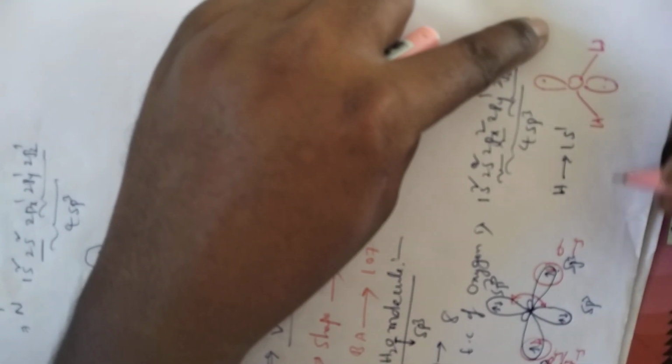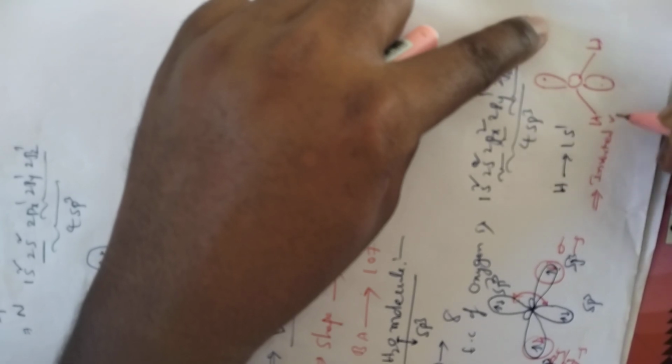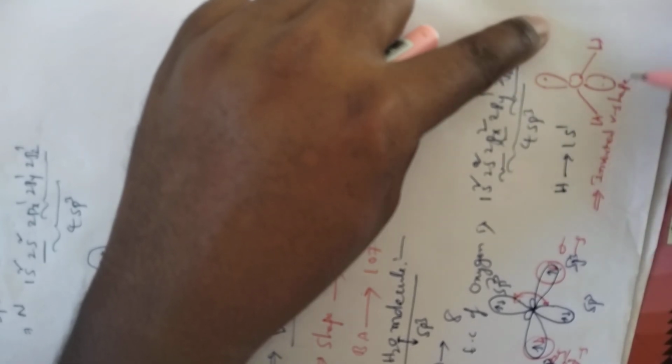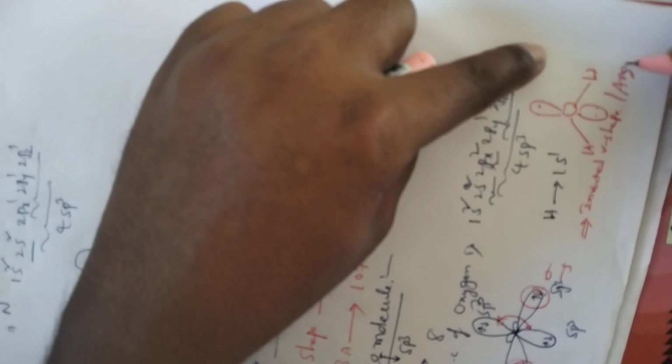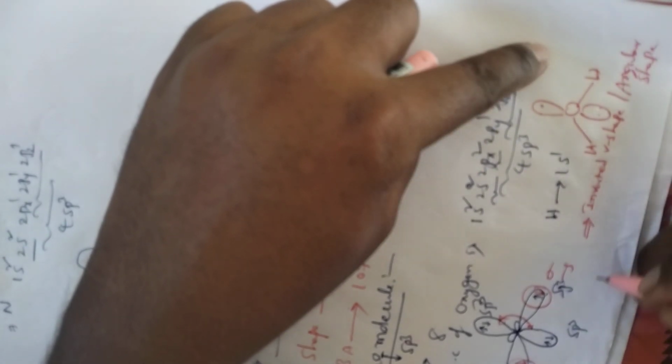It is also called an inverted V shape or angular shape.